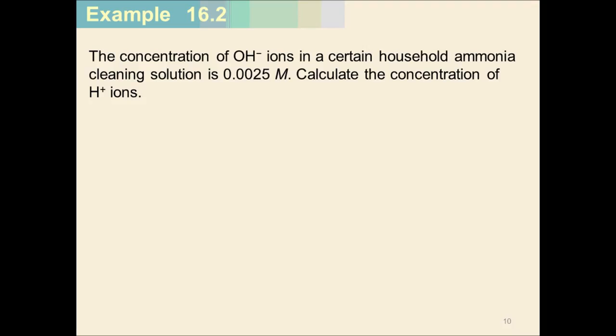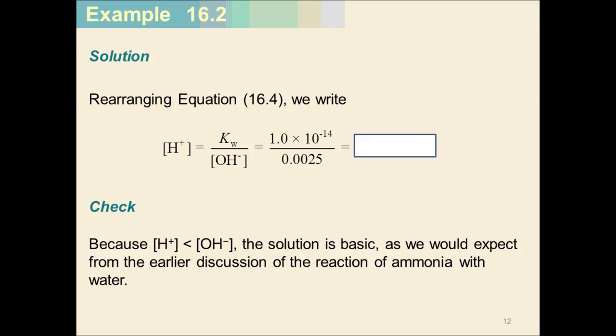On slide 10, example 16.2, the concentration of hydroxide ions in a certain household ammonia cleaning solution is 0.0025 molar. Calculate the concentration of the hydrogen or hydronium ion. On slide 12, our solution: we rearrange equation 16.4, which again was Kw is equal to the hydronium ion concentration times the hydroxide ion concentration.